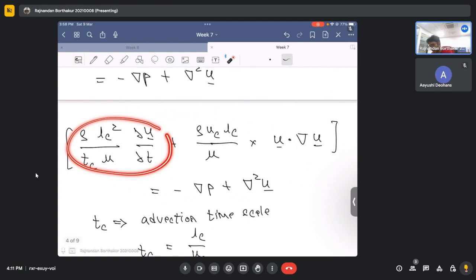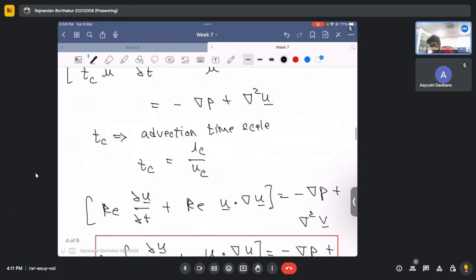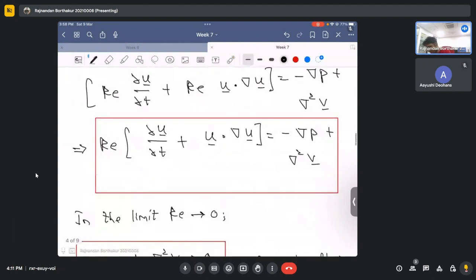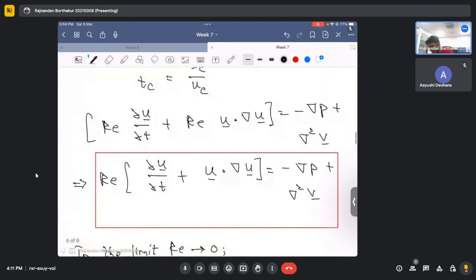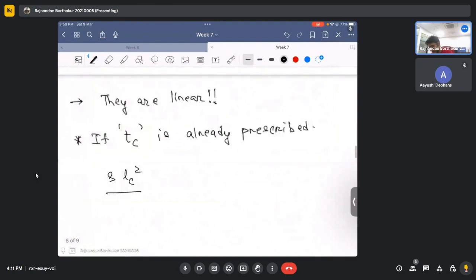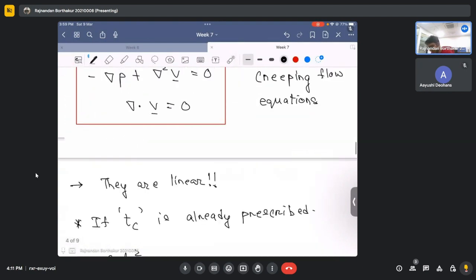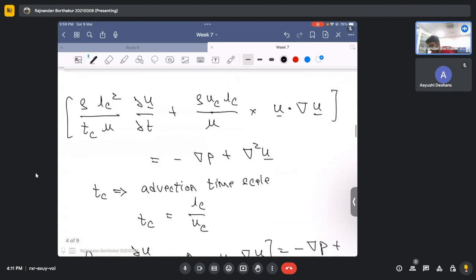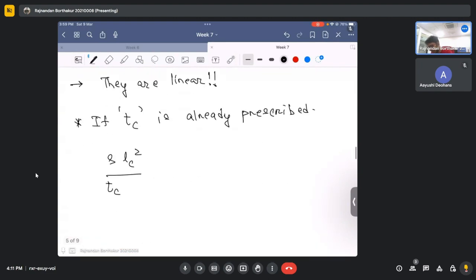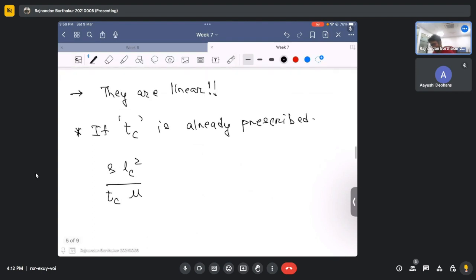We'll just focus on this term because the other terms do not have any time dependency in them. So this term would be rho times LC squared by TC times mu. So now what we will do is the following.